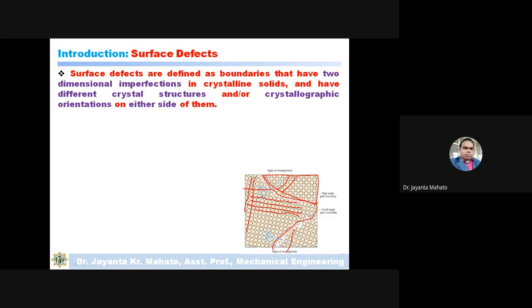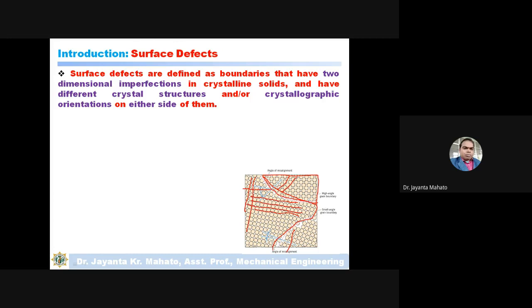So this is one grain. Within these grains, the arrangement of atoms is different compared to the other grains. So a crystallographic misorientation happened in the crystal, and this will create a surface defect.